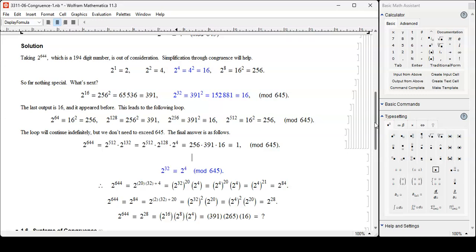I use a little bit different method here. Looks like this is the textbook's method. 64 power, 128 power, keep squaring, and then we go back to 391, and then 256 power back to 16, and then we have a loop. That's why we use the division algorithm to bring everything down up to modulus 32.